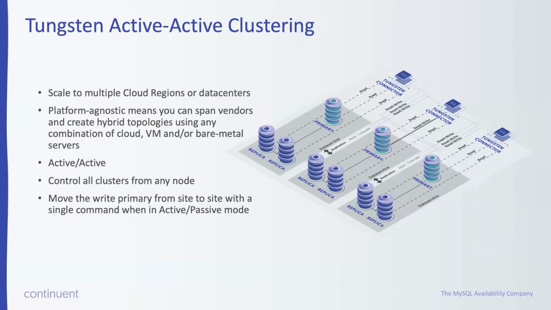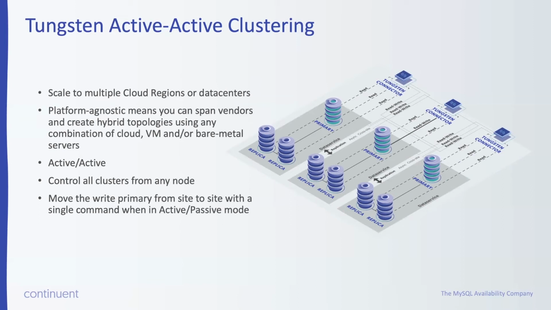So just another kind of contrast. This is active clustering. And really, Continuent is the only one doing this right now. So this is where, again, multiple clouds, data centers, whatever hardware, but all clusters are active.